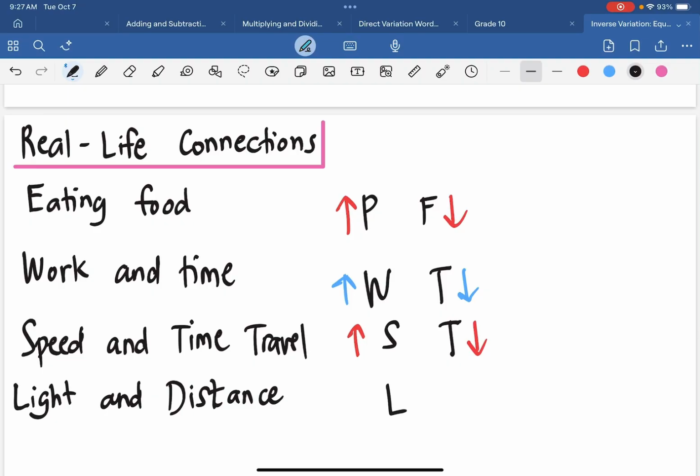So let's take farther as going up, and then obviously the dimmer it becomes. So let's have dim as a negative thing, which goes down. Yeah, and that's it for some real-life connections of inverse variation.